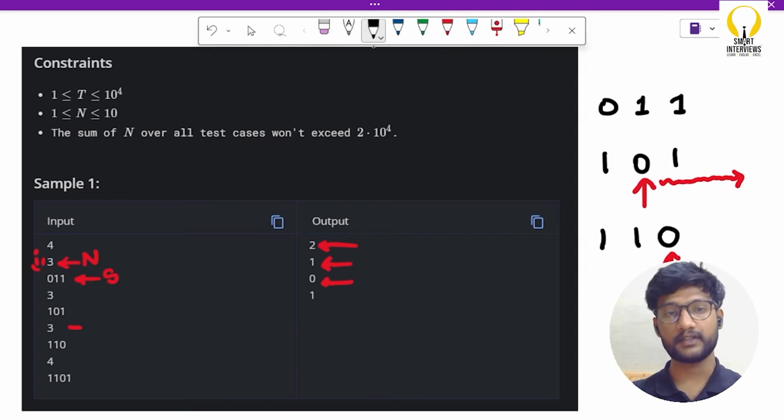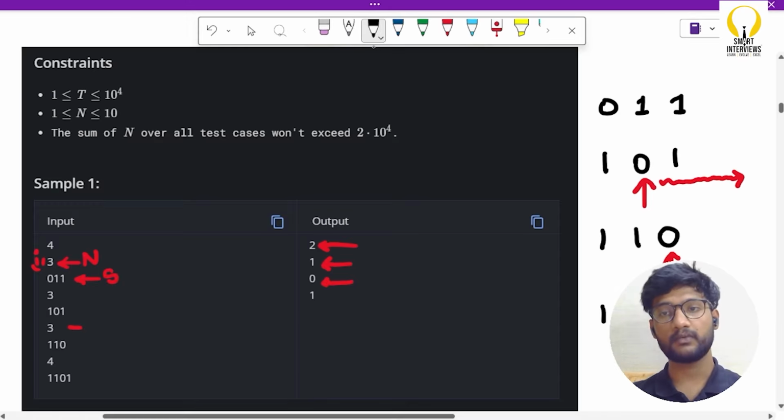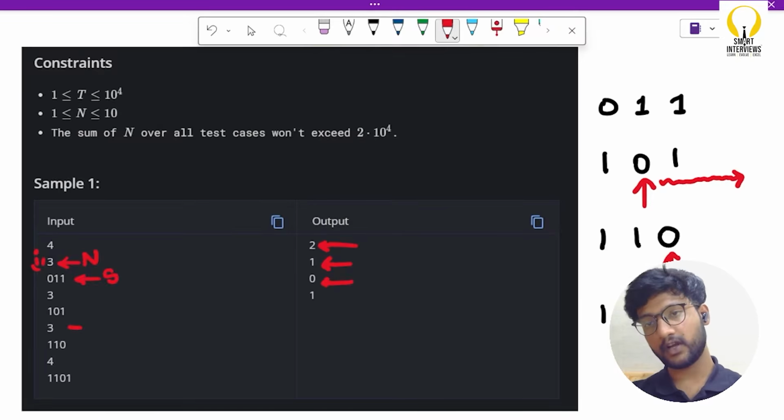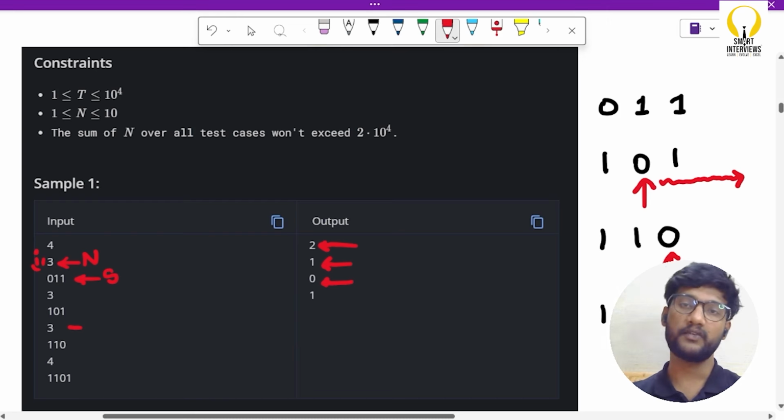If you take the fourth test case, the size is 5, which is 1, 1, 1, 0, 1. When you have seen your first silence here, do you have any pulses on the right side? Yes. So you will count 1, and since you are done with your string, you have only 1 pulse after the silence. So this will be your output.